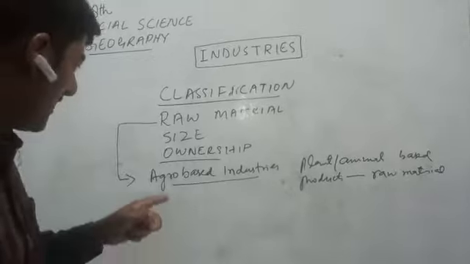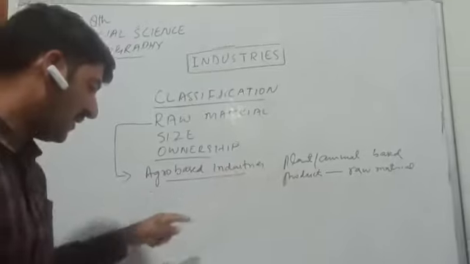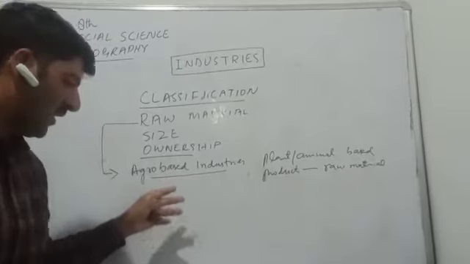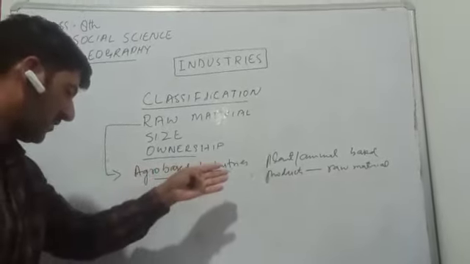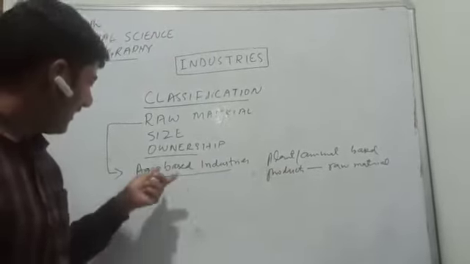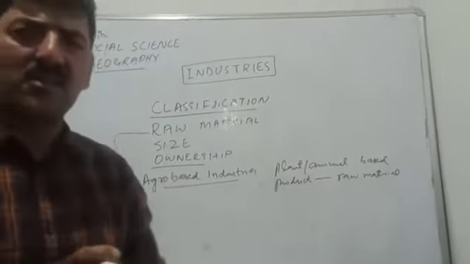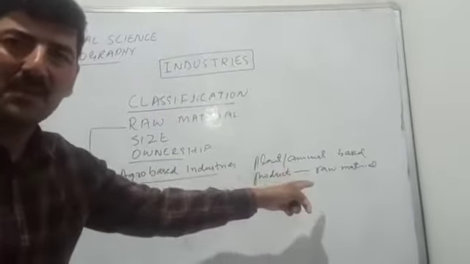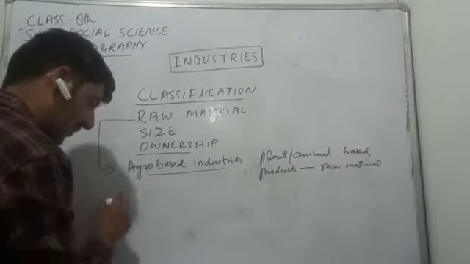It is an agro-based industry because cotton comes from plants. Dairy products, leather industries, vegetable oil industries, food processing industries are all included under agro-based industries because they use plant or animal products as their raw material.